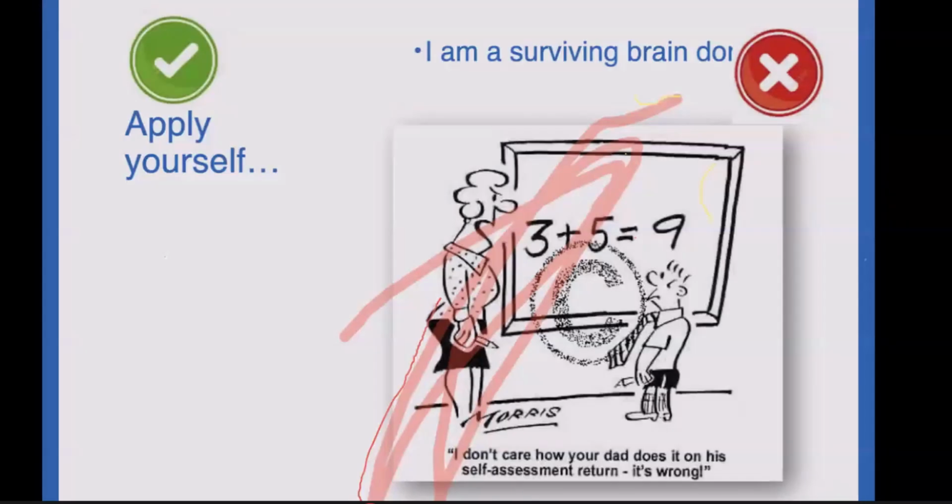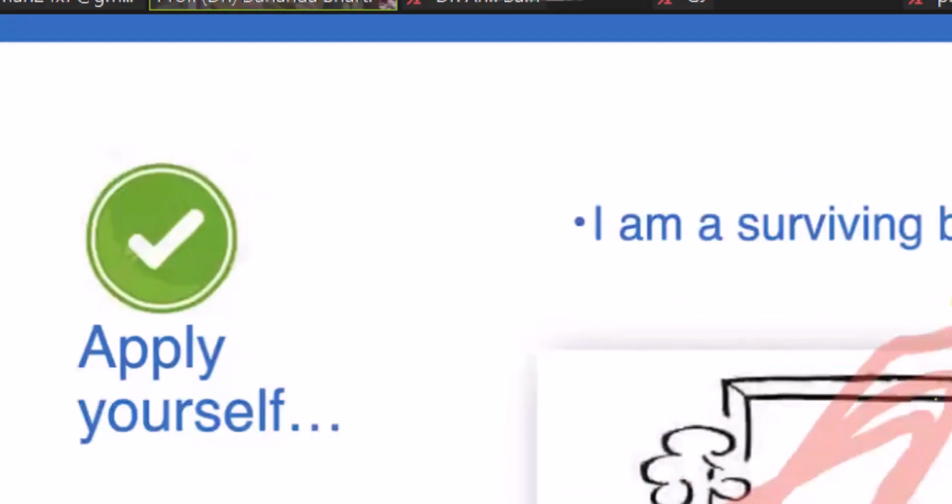So this is it. Now the third slide, the sixth in the order, actually. Again, I would want you to spend 20 seconds on what is there on the slide. Apply yourself. This is again linked with operating with a preformed mindset. If you have made up your mind that okay, if this question comes, I will write it this way, then the whole point of that question would go to waste.